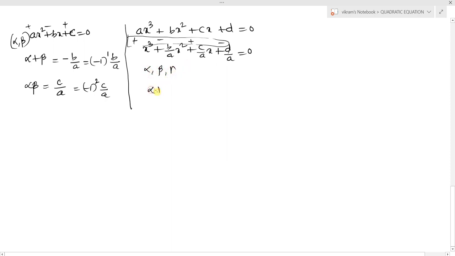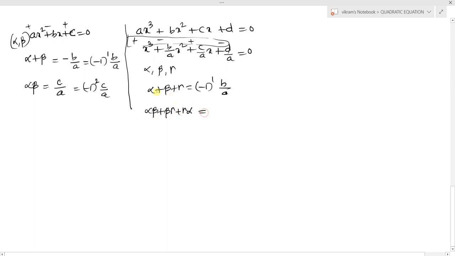The sum of the roots alpha plus beta plus gamma equals minus 1 power 1 into b by a, that means minus b by a. Then 2 roots taken at a time: alpha beta plus beta gamma plus gamma alpha.